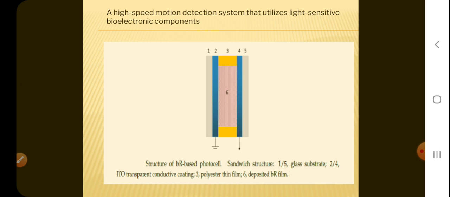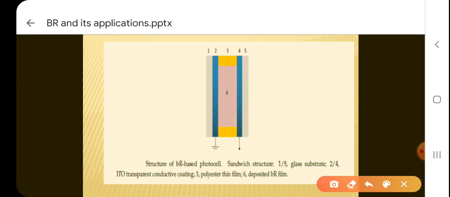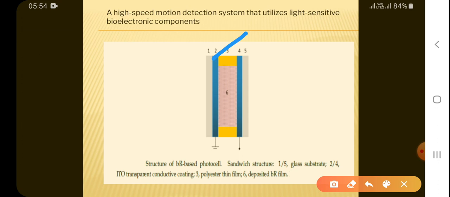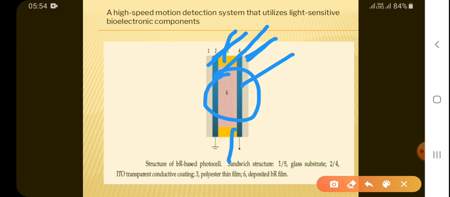It is a sandwich structure, as you can see. 1 and 5 are the glass substrates, 2 and 4 are the indium tin oxide transparent coatings, and 3 is a polyester thin film, and in between you have the deposited BR film.